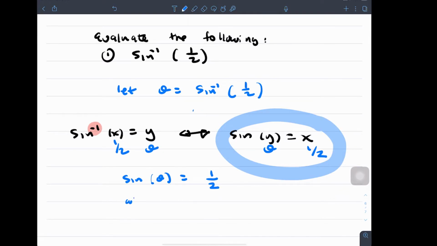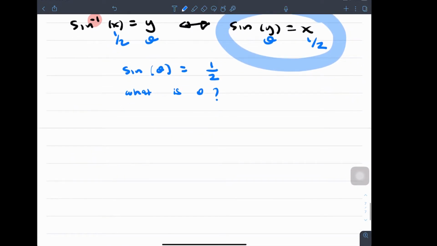Now you answer the question, what is theta? Remember, these questions are specially chosen, just like the others. Go back to your right triangle, Pythagorean theorem. What's the definition of sine? Opposite over hypotenuse. What does that mean?